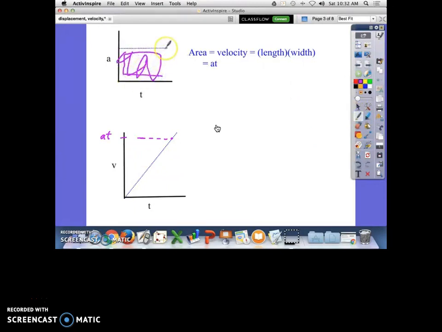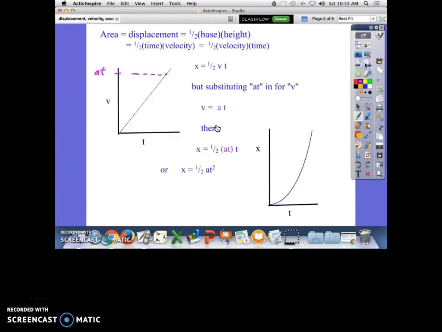And if you want your velocity at some particular time t, you just calculate the area under there, and that'll give you this data point for the velocity at t. What about if you want the displacement? Well, the area under this velocity graph will give you the displacement. Area equals displacement.